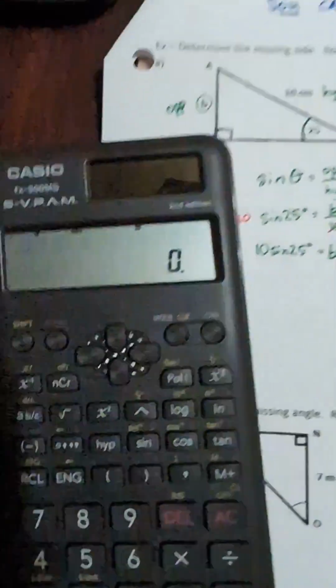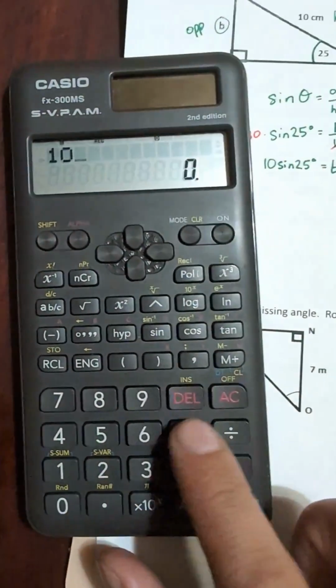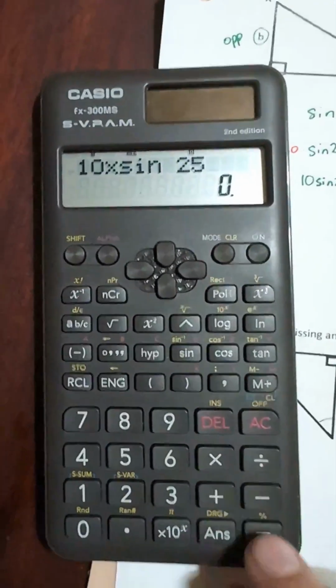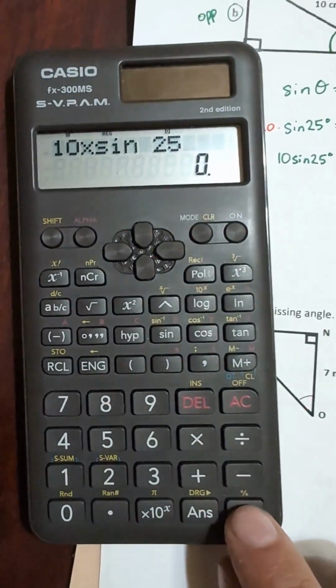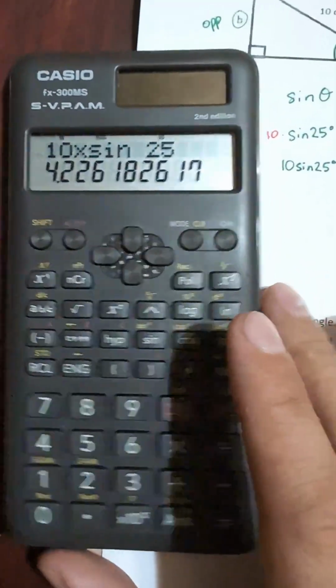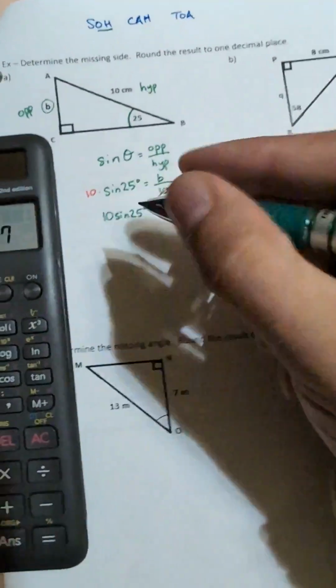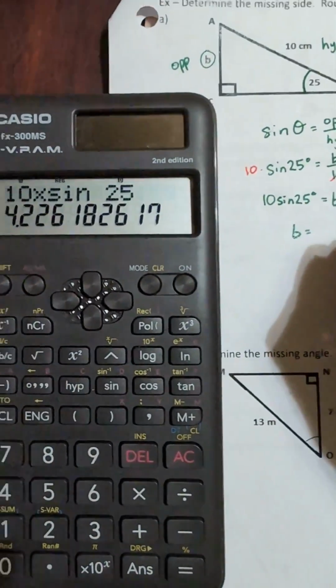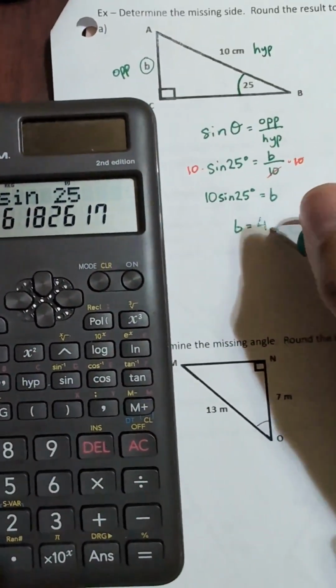So I'll pull out a calculator here. And yeah, you could write 10 times sine 25 or just 10 sine 25. And that's going to give us 4.226. It wants us to round to one decimal place. So B equals 4.2.